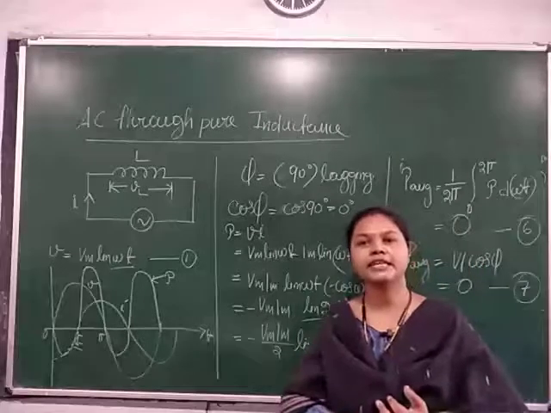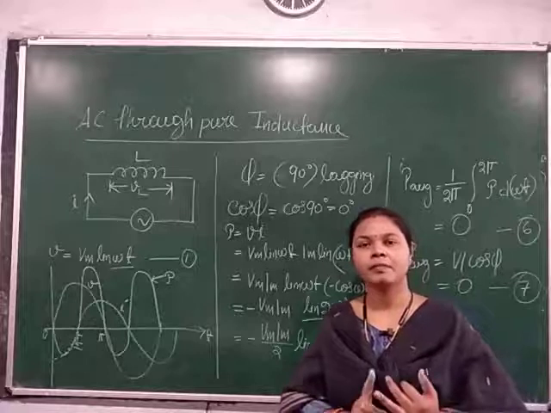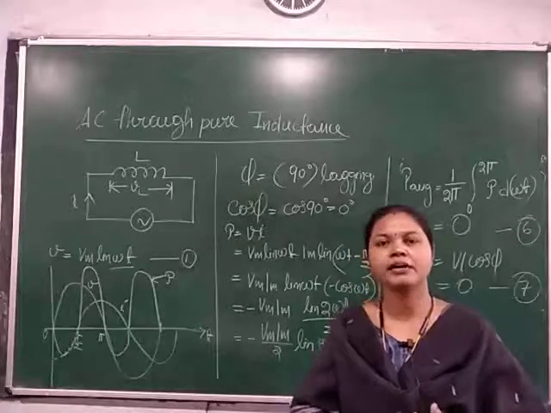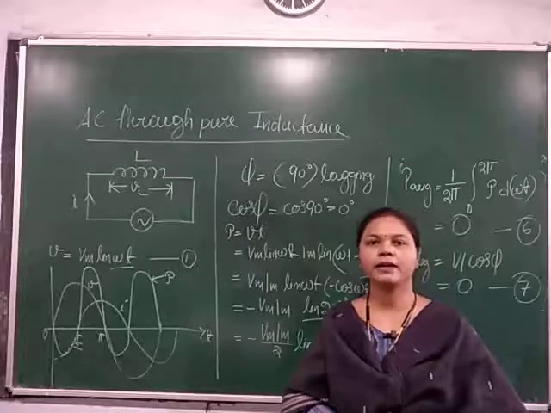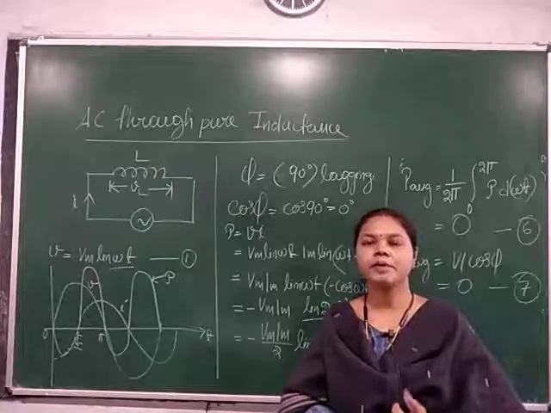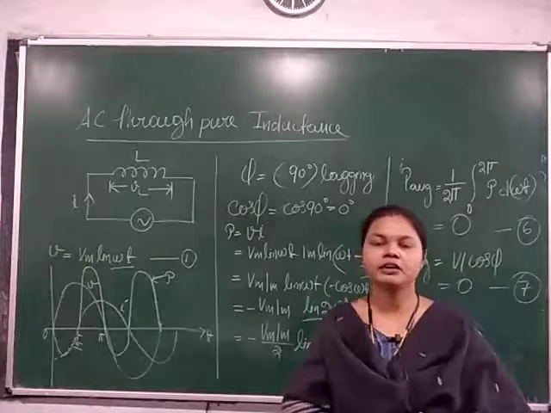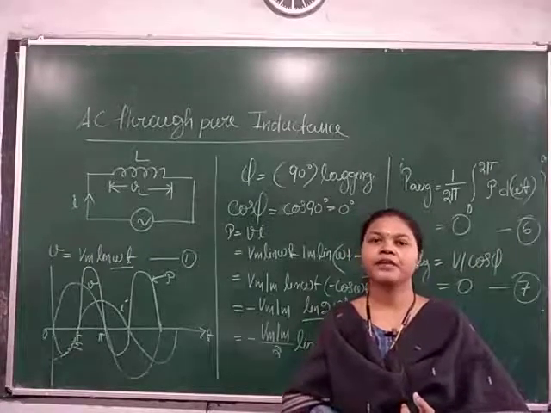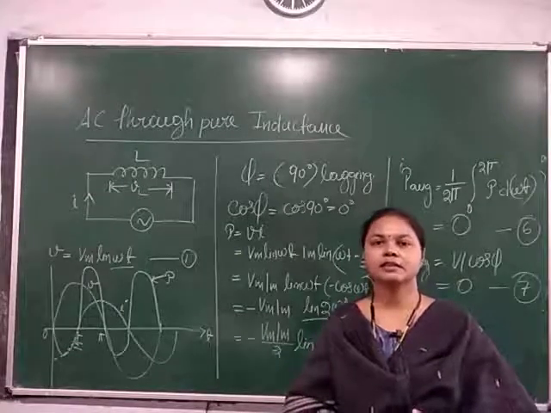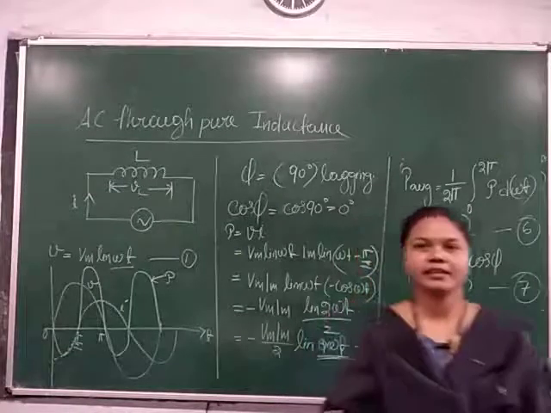The second thing is that power consumed by a purely inductive circuit is 0. Third point is the power factor of a purely inductive circuit is 0, and power factor angle is 90 degree lagging. Thank you, students.